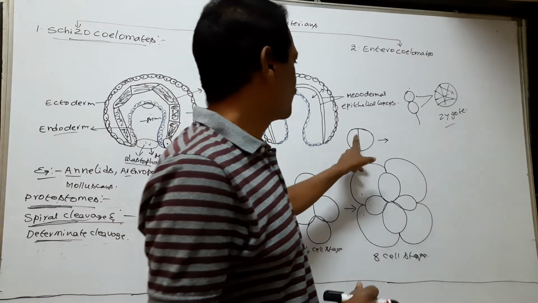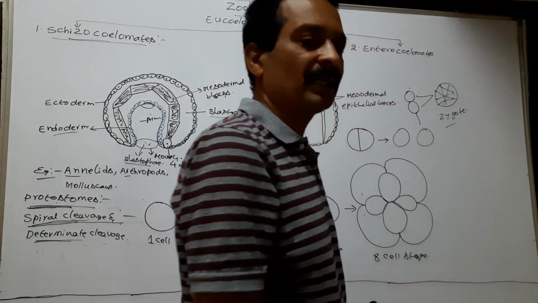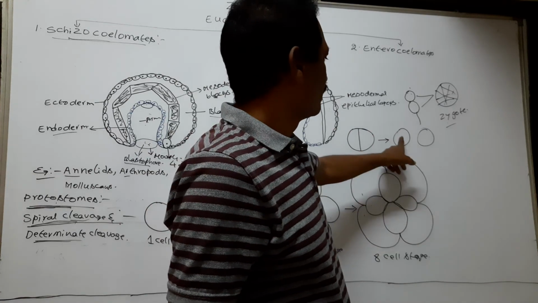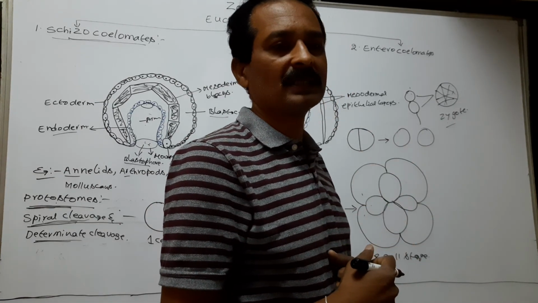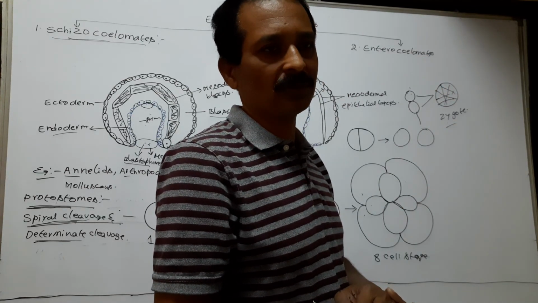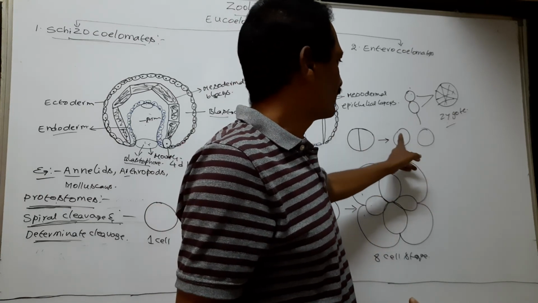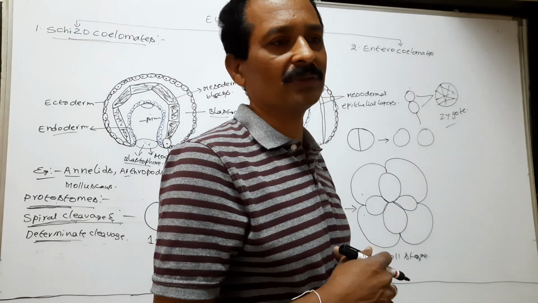If these two cells get separated, the separated cells do not produce a complete embryo.